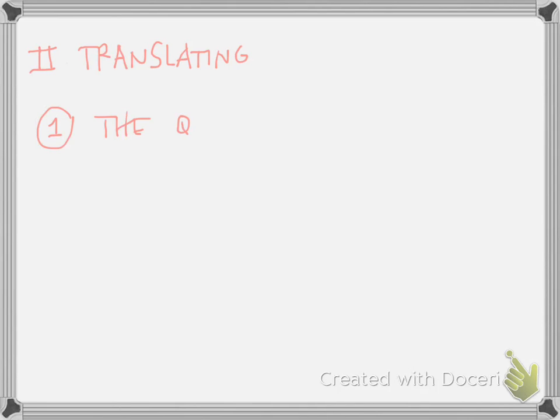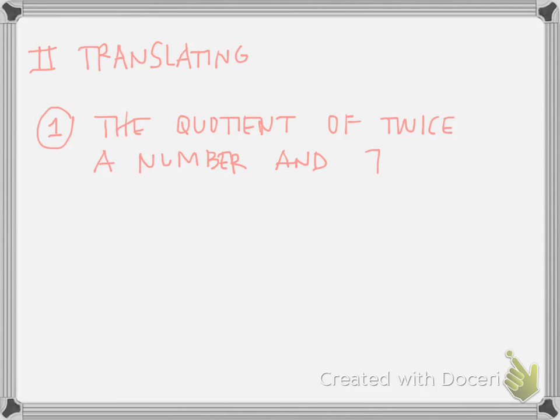So the quotient of twice a number and 7 is 20. So what does that mean?